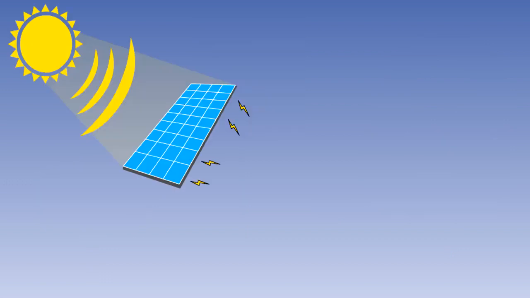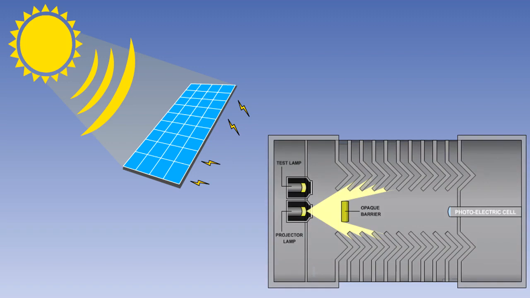Finally, certain materials gain an electric charge when exposed to light. Components containing these materials are known as photoelectric cells. Photoelectric cells may be found in some smoke detectors.